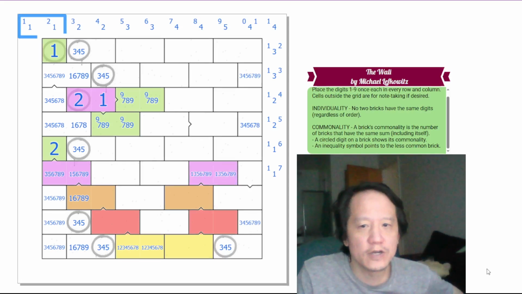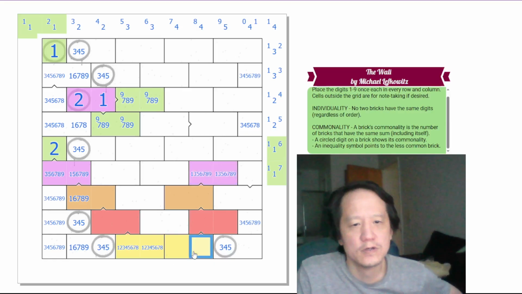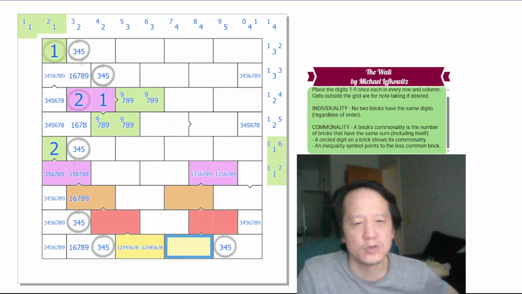So these are accounted for already. So are these. We have 8 pinks that we can do. This has to add up to 9.